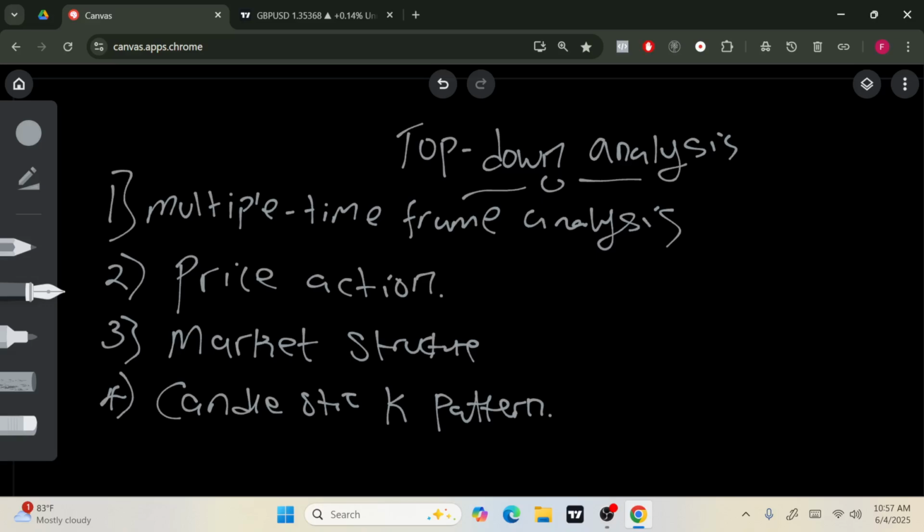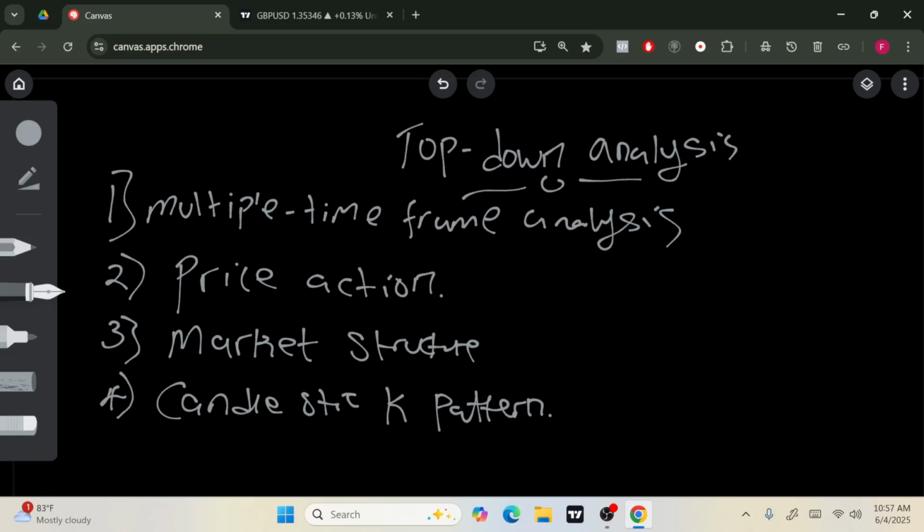Now, I want you to take note of these things. It is very important. So, now that you know all this, we are looking at the market from top to bottom, from the higher time frame to the lower time frame.